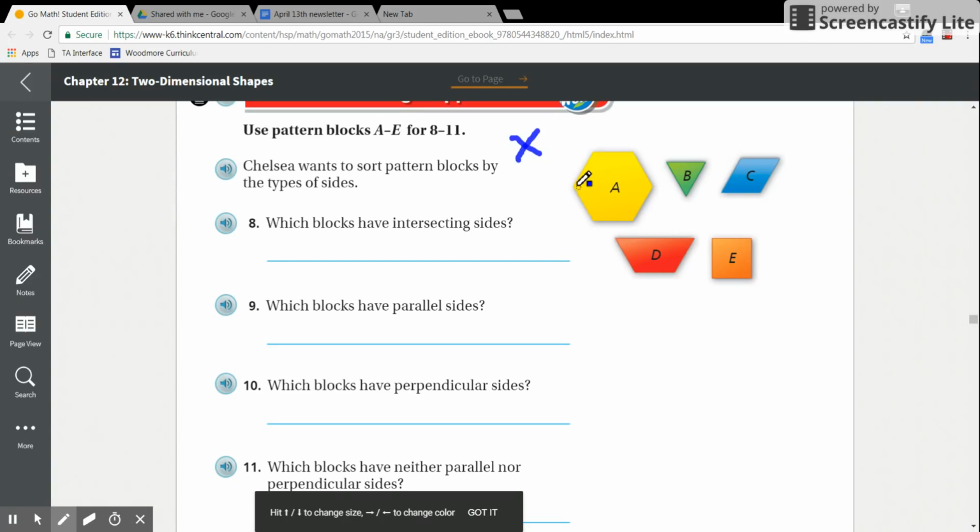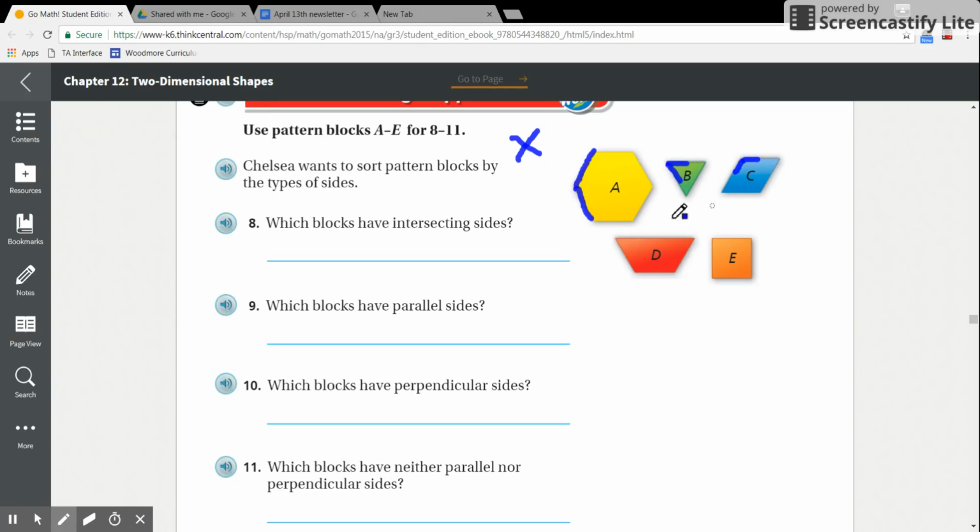But the truth is, to be intersecting, all you have to do is bump into the other line, like it does right there. So as we can see, shape A is intersecting, shape B is intersecting, shape C is intersecting, shape D is intersecting, and so is shape E, our square.